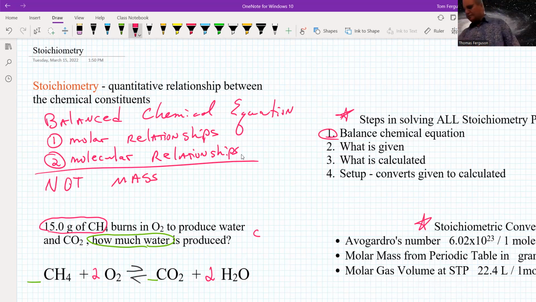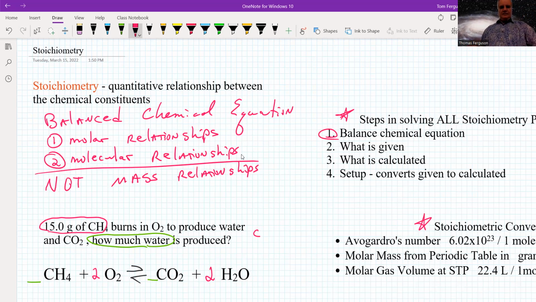Not mass relationships. So if you're starting off with grams and they want to know grams of whatever is produced, the balanced equation doesn't work with grams. It only works with moles or molecules. So you've got to convert.